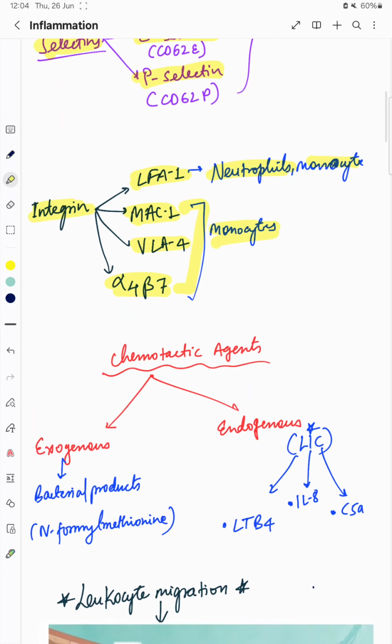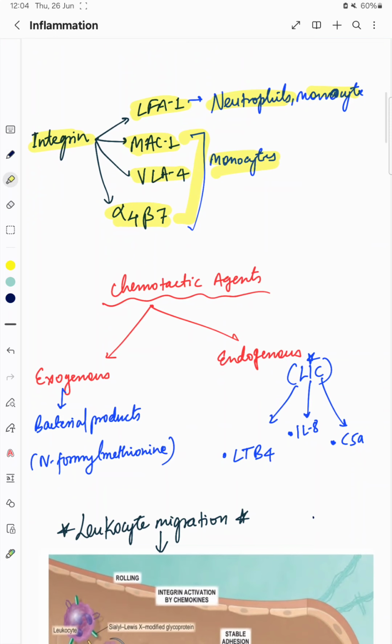As we have seen, when cells or microbes present at the site of injury attract the leukocytes in the interstitium, this process is known as chemotaxis, and there are some chemotactic agents, which could be exogenous or endogenous.